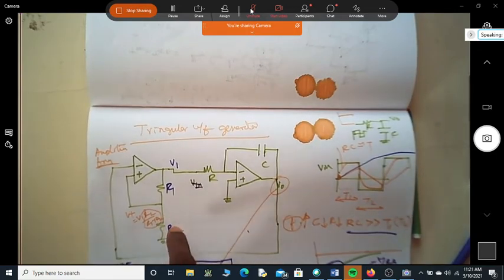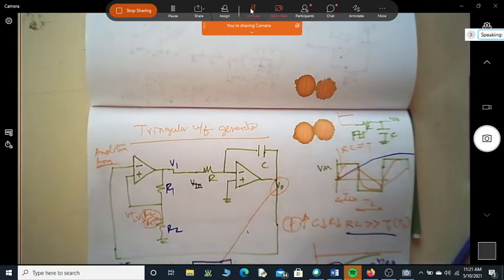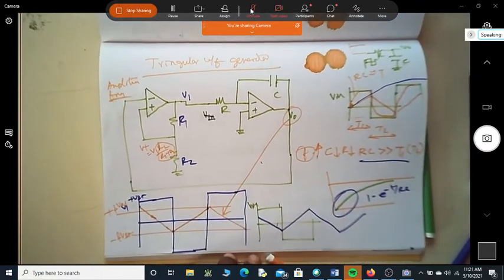So R1, R2, and the Vsat value will decide the height as well as the frequency. If you change R1, R2, along with the height of your waveform, does the frequency also change? So R1, R2 will affect both the amplitude as well as the frequency of the triangular waveform.